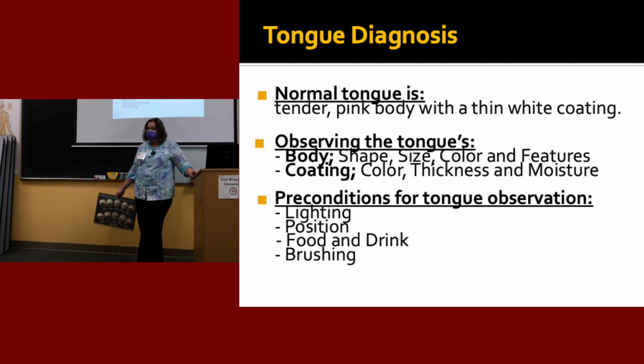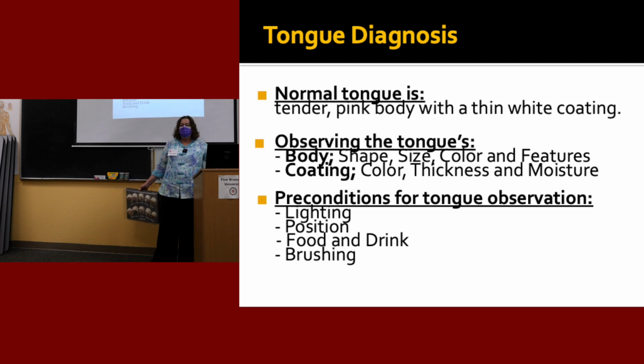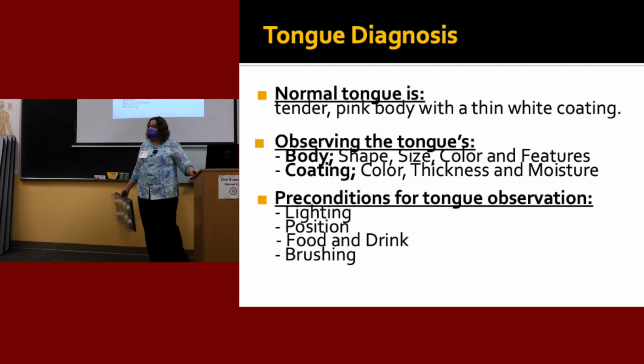And you also want the tongue to correspond with the patient's body. So you don't want to see a tongue that is really big and puffy on somebody that is really small and slender. And as I said before, the tongue is just one clue.